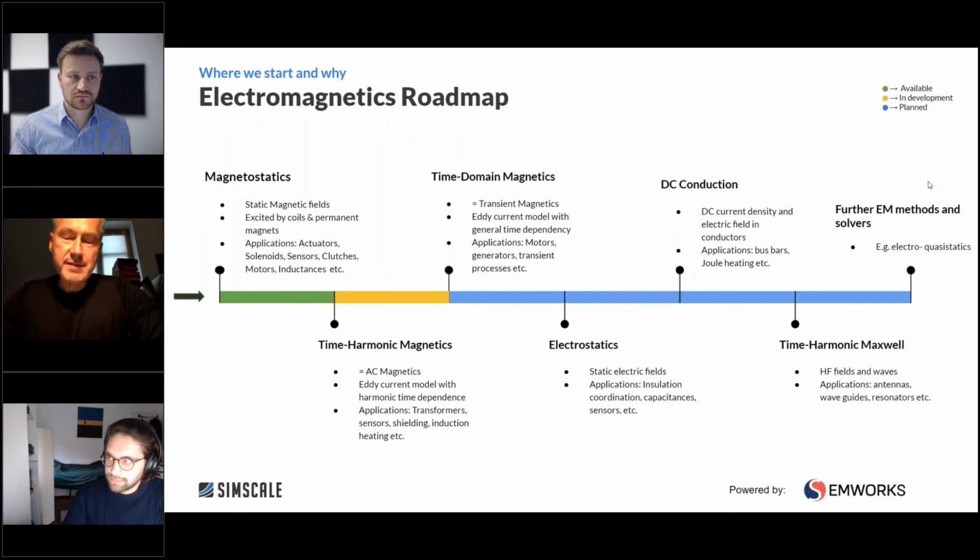So in the electromagnetic solver, it's most likely available at the end of next year at the latest, so it will be very, very soon available. If you are looking for DC conduction in combination with Joule heating, for instance, there's already some solution available. If you look at our electronics cooling application, there is already some functionality.